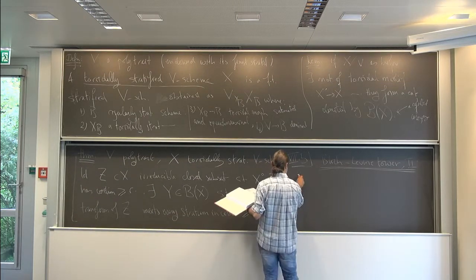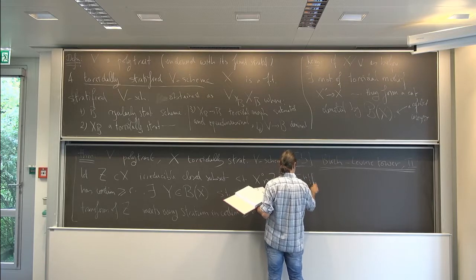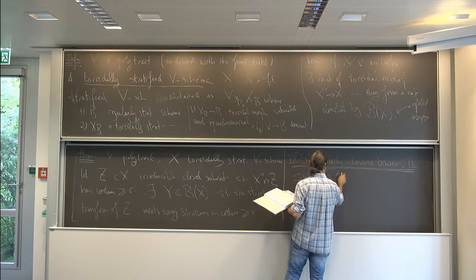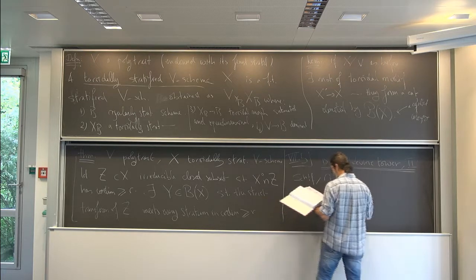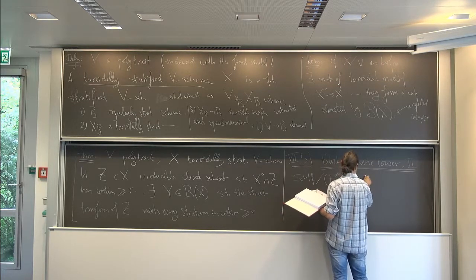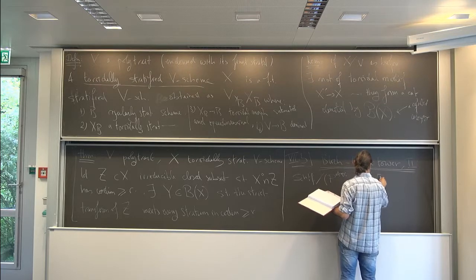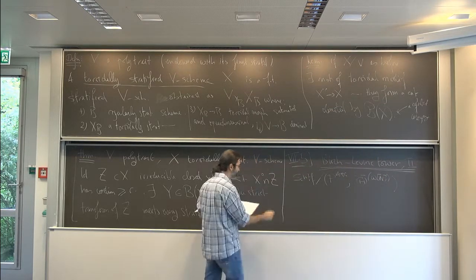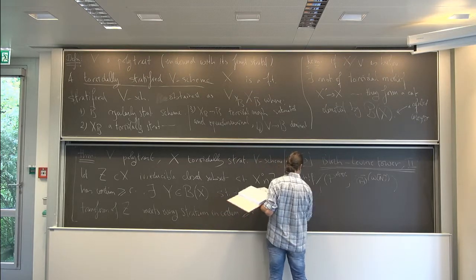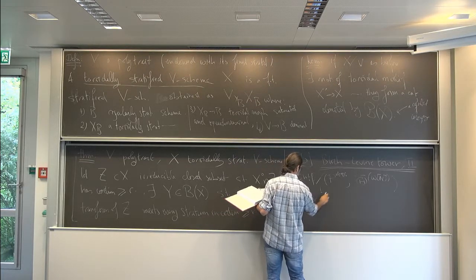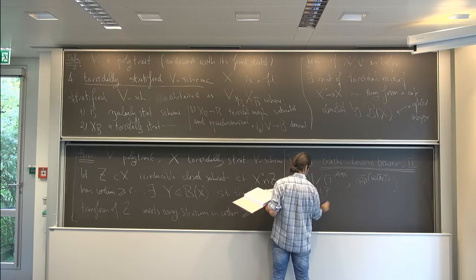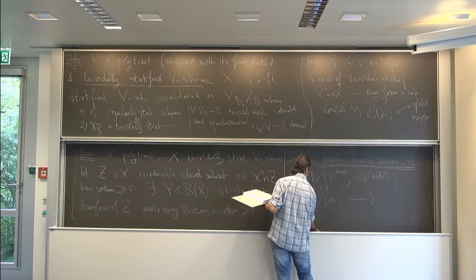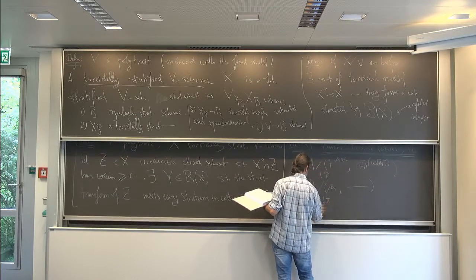So let me first remind you that we have this morphism of big sites on some diagram of schemes. This is P tilde. And then this is pi.